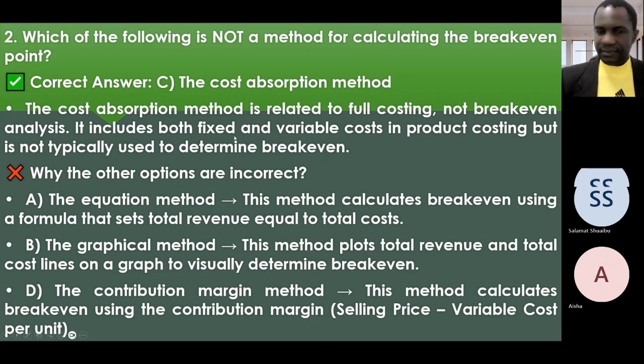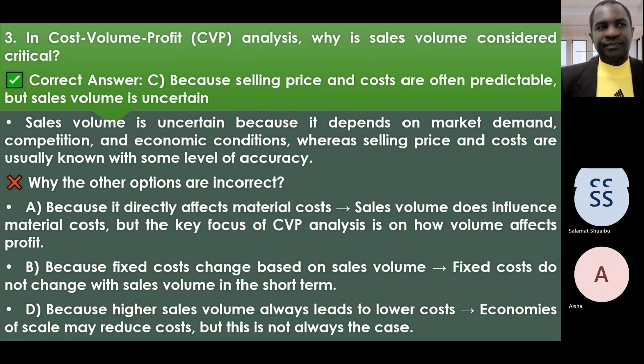Exactly. All right, number 3, in CVP analysis, why is sales volume considered critical? It's only A that got it. Salmat said D. In CVP analysis, sales volume is critical because selling price and cost are often predictable, but you cannot predict sales volume.